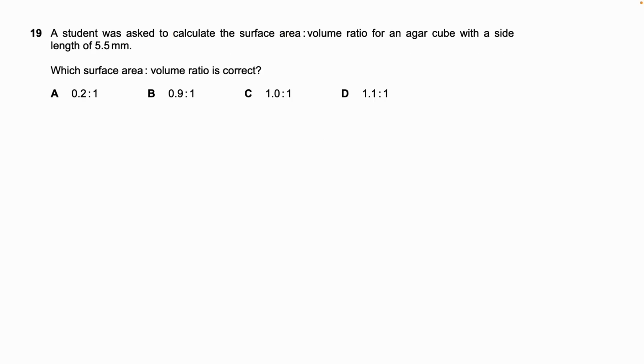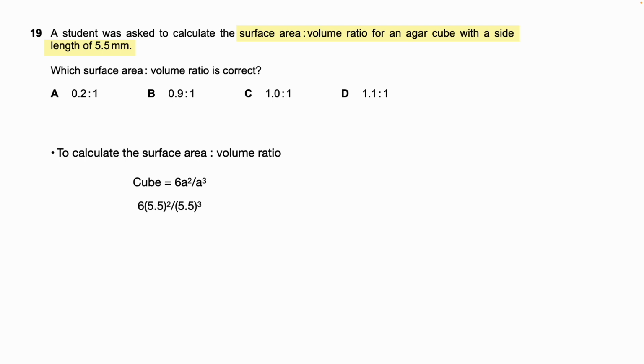Question 19. A student was asked to calculate the surface area to volume ratio for an agar cube with a side length of 5.5 millimeters. Which surface area to volume ratio is correct? To calculate the surface area to volume ratio, for a cube it is 6a squared divided by a cubed. Using this formula, we can easily identify the answer.